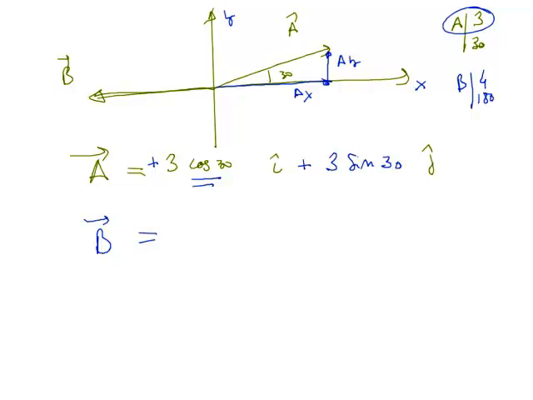Because we know that cosine of 0 is 1, sine of 0 is 0, cosine of 90 is 0, sine of 90 is 1, cosine of 180 is minus 1, sine of 180 is 0, cosine of 270 is 0, and sine of 270 is... Wait, I messed it up at the end. But anyway.